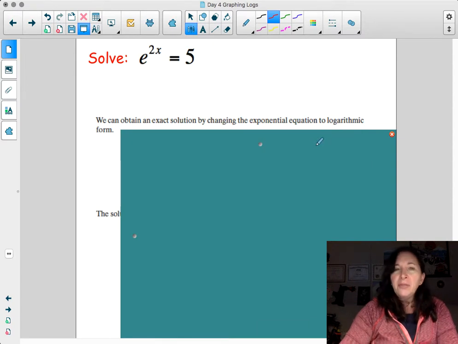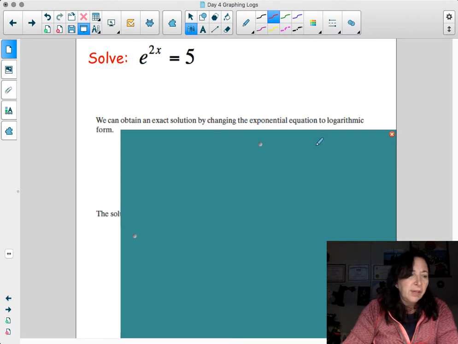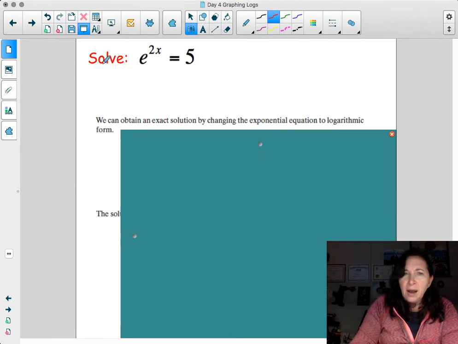Okay. Now this is not a graphing problem. This is a solving problem. So we have e to the 2x is equal to 5. Now, there's a couple ways to solve this. Number one, if you have e to the 2x, moving this right here out to the front is taking the inverse.